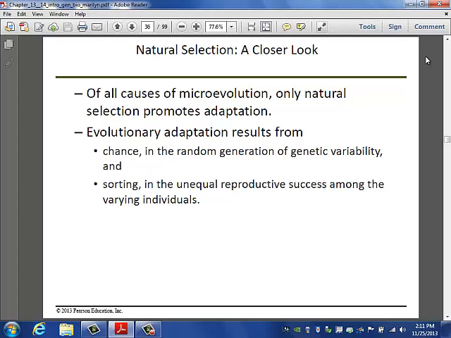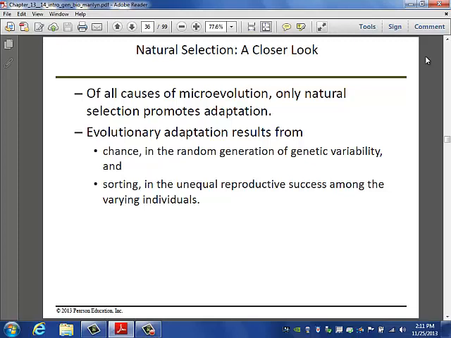Adaptation. What is adaptation? Only natural selection promotes adaptation, meaning that because of natural selection, the population will either thrive or disintegrate due to the environment they're in. Correct. Okay, so the population is adapted to the environment it lives in.